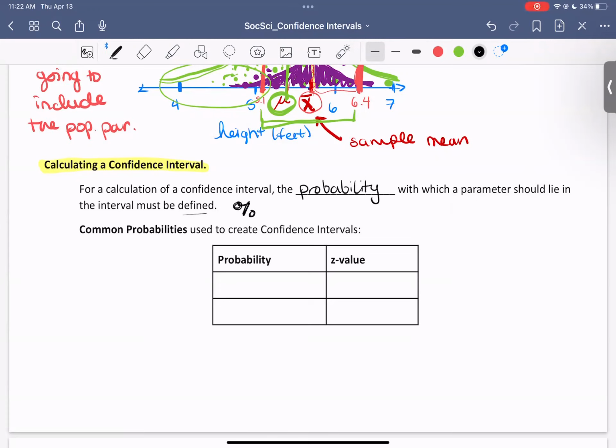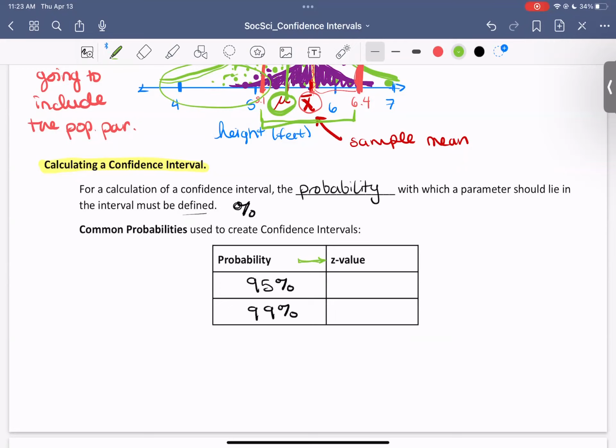So there are some common probabilities used to create confidence intervals, and you might have seen this in some examples in the news or maybe other classes you've taken. The most common probabilities that we look at are 95% and 99%. Now, when we actually get into the calculation of a confidence interval, we actually use a value associated to the probability called the z-value.